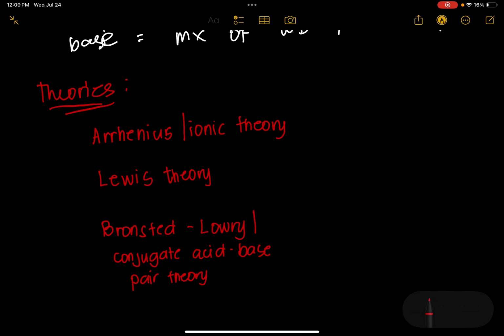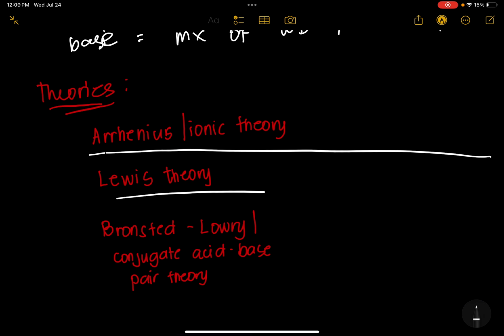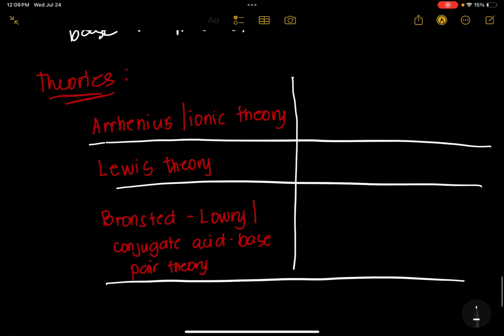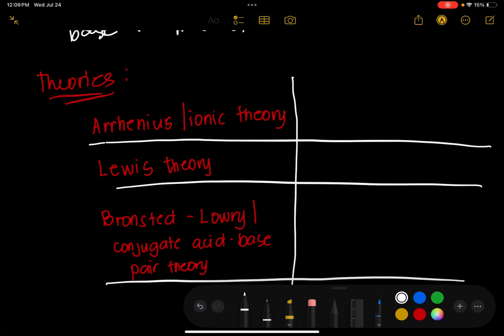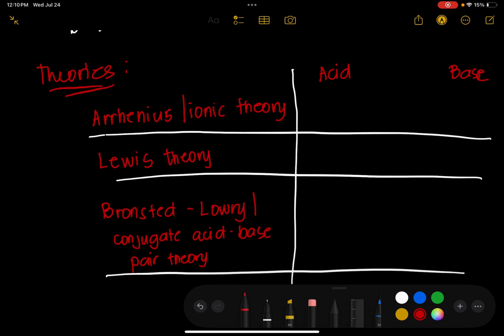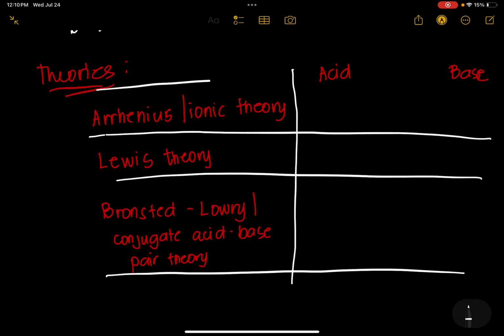So, butang ko niyo siya as a table for you. So, we have Bronsted here. We have acid here, and base. Okay.